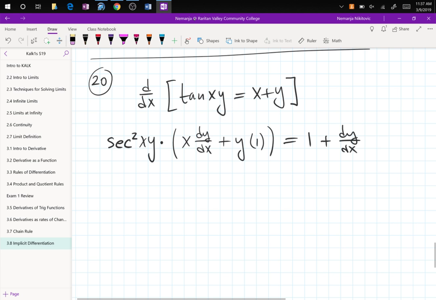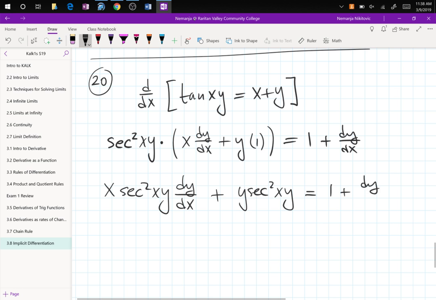So now on the left-hand side we have to FOIL or distribute, and then we can put all of the terms on the left and the right and be done. So the first one is x secant squared xy dy/dx plus y secant squared xy is equal to 1 plus dy/dx.